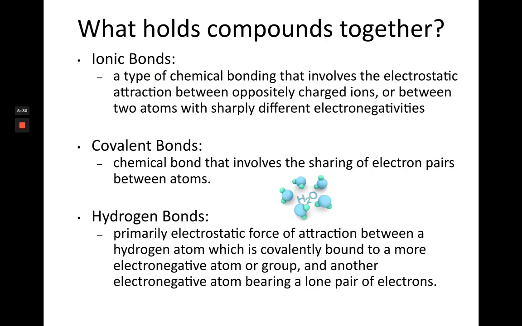So that brings us to our types of bonds that you need to be familiar with. We have ionic bonds, which is a chemical bond that is the attraction between two oppositely charged ions or between two atoms with very different electronegativities. So generally in an ionic compound, you have one that has a very low electronegativity that is attached through that positive-negative interaction to another element that has a very high electronegativity.